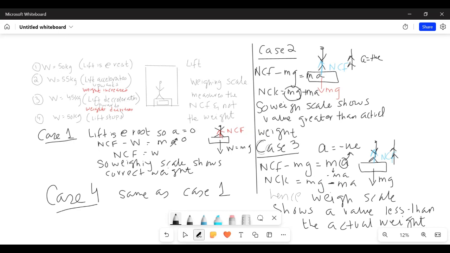It's something else when the lift is at rest, and something else when the lift accelerates or decelerates. So according to that, the weighing scale shows a different value. Sometimes it's exactly the same as the weight, sometimes bigger than the actual weight, and sometimes smaller than the actual weight.